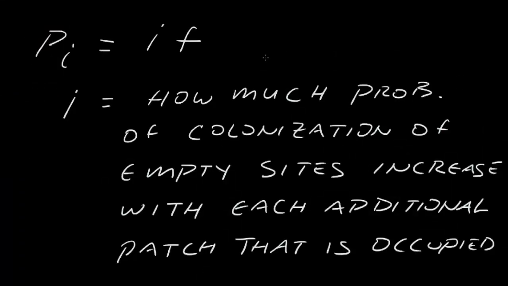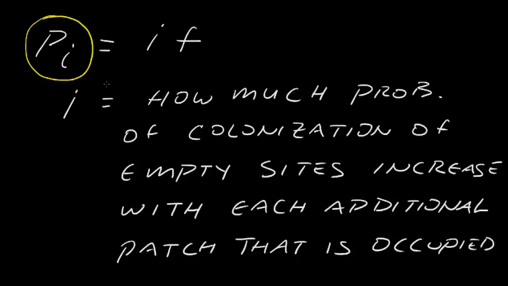So how do we capture this internal colonization effect? Is there a way that we can do that mathematically? Well, there is, and a common approach is to really focus on this part, the probability of colonization, of our basic metapopulation model.